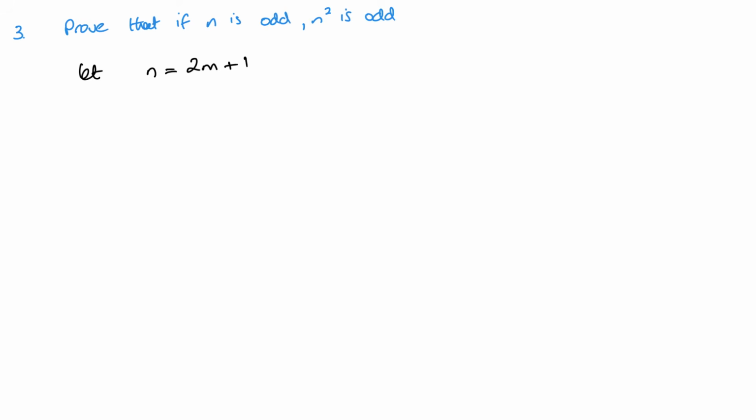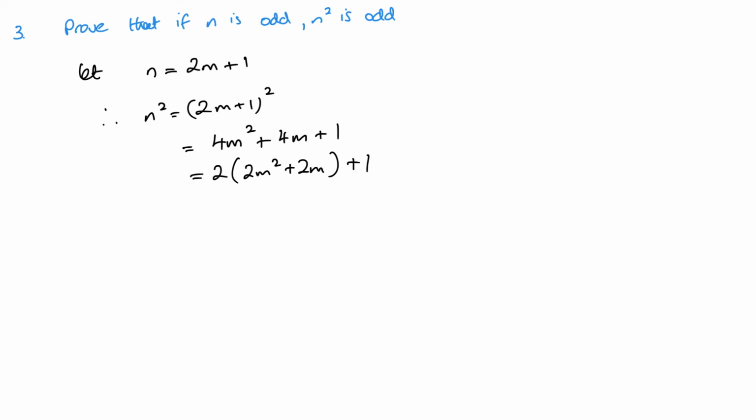Now, if that's odd, let's look at n squared, which would be 2m plus 1 squared. So it's going to be 4m squared plus 4m plus 1. What I can do here is take a factor of 2 out: 2 times (2m squared plus 2m), plus 1.